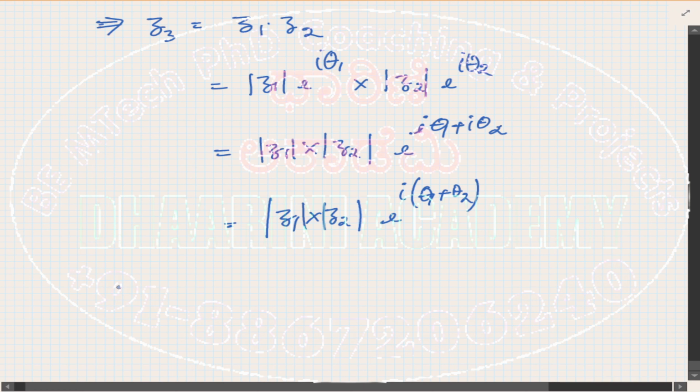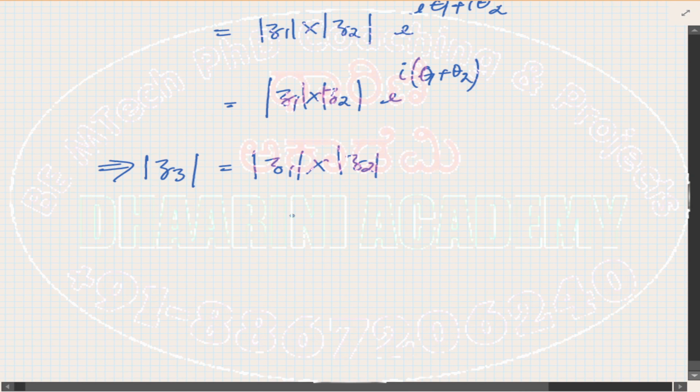So the magnitude of the result is nothing but the product of magnitudes z1 into z2, and then the angle is denoted by... the argument of z3 is whatever is here, e to the power i.